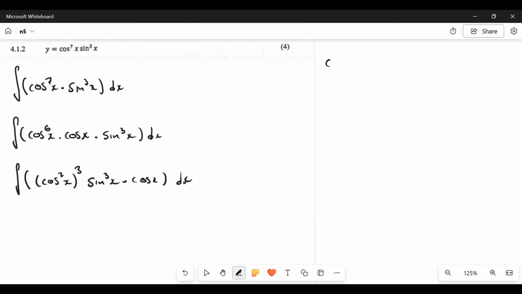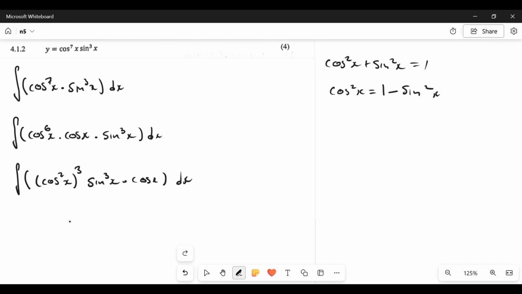If you still remember, we have cos squared x plus sine squared x is equal to 1. So we can make cos squared x subject to the formula, which is equal to 1, and then transpose this sine squared to the right hand side. We're going to have negative sine squared x. There we go. So instead of writing cos squared, we can write 1 minus sine squared x.